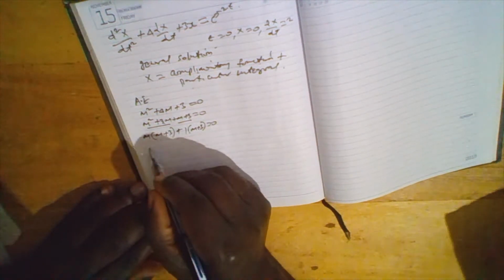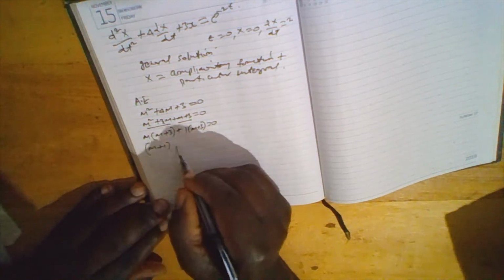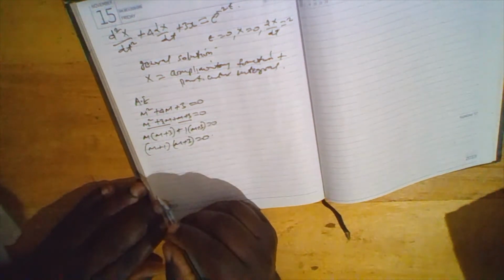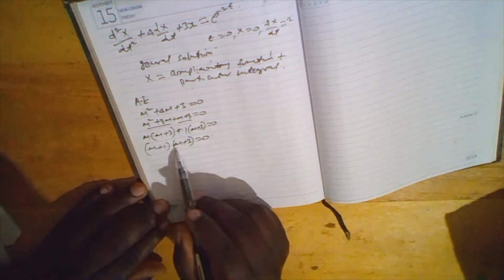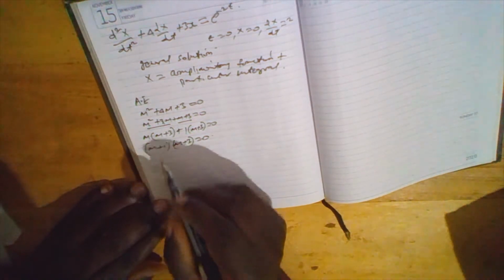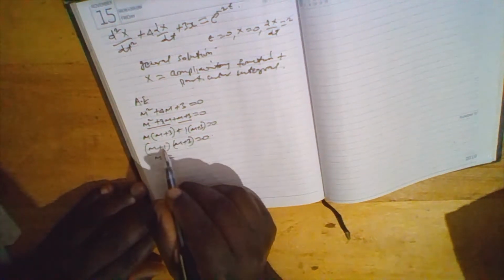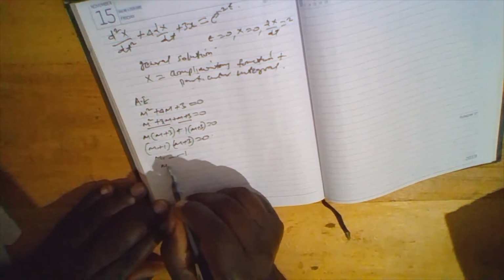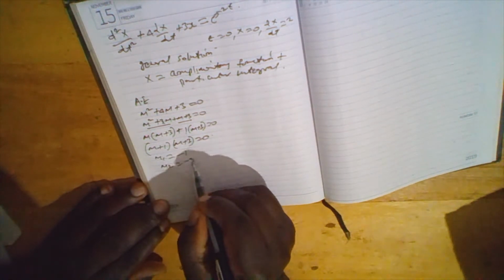So we have (m + 1)(m + 3) = 0. From here we have two roots: m1 = -1 and m2 = -3.